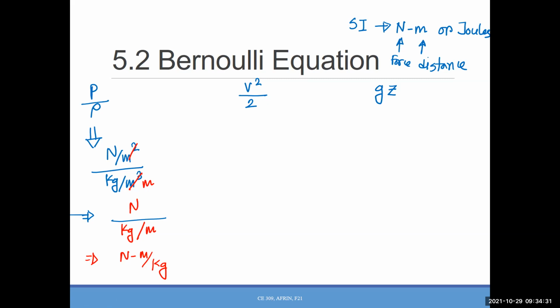That means this equation is total energy per unit mass. If you do the same for the other two terms, you will get the same unit, Newton meter per kg, because in any equation all the components should have the same unit.